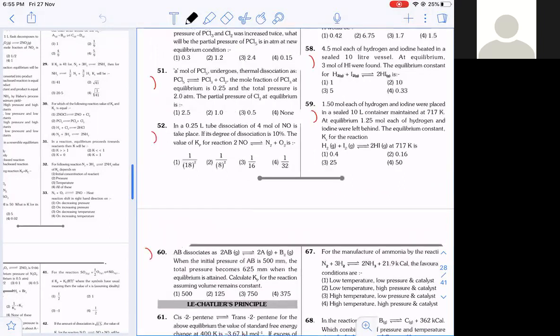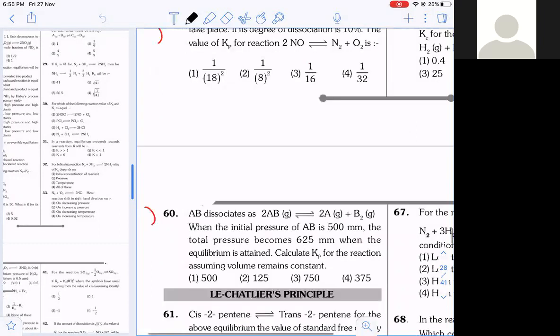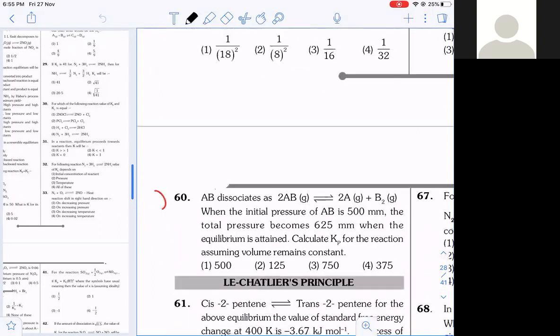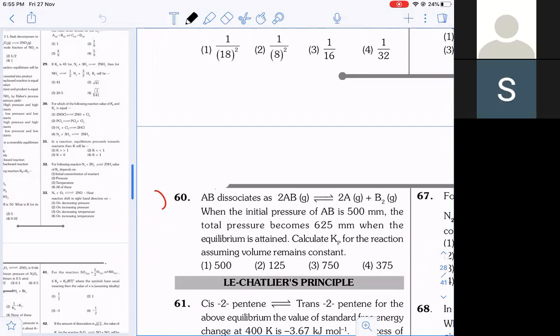Okay, great. See, with this Van Hoff equation, the questions are not very difficult in the chemical equilibrium chapter, but in other chapters like thermodynamics, combining this equation with others can make a very good question.